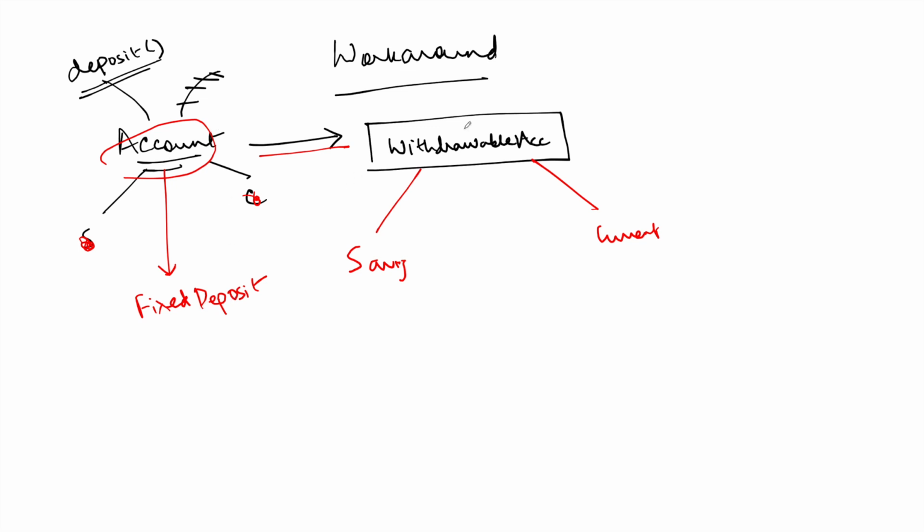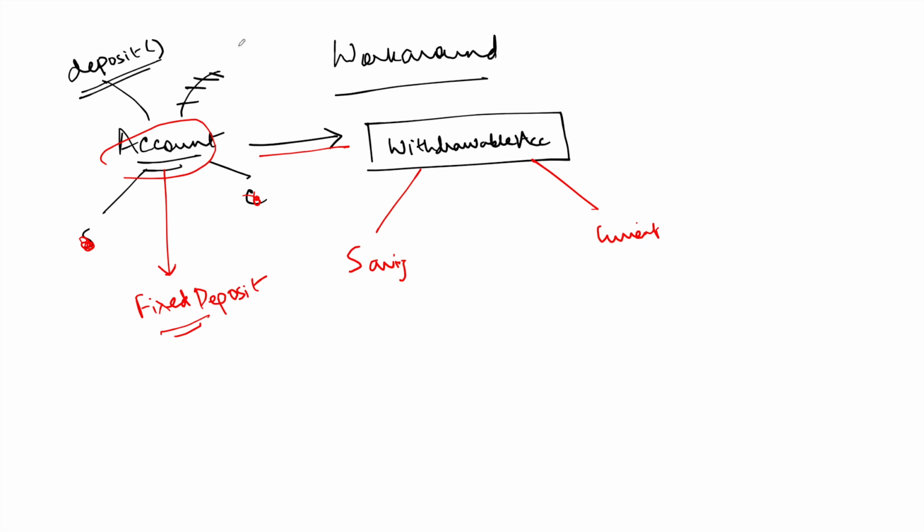It will have no relation with the withdrawable account. Why? Because fixed deposit is not a withdrawable account. So we have done a clear separation of concern and segregated the accounts. Firstly, we have removed the withdraw method from the account, and then we have made a different class only for savings and current to extend. And fixed deposit is inheriting the functionality from account.